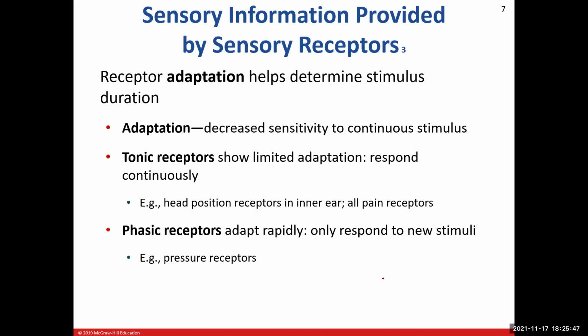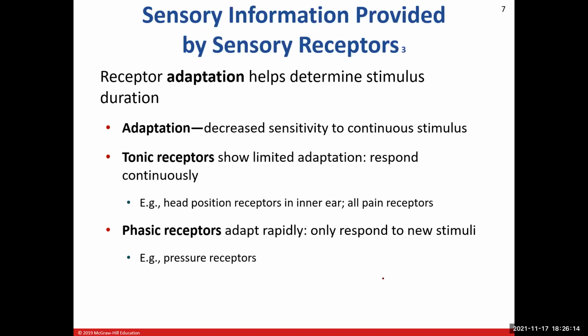So we're going to see that over time, the receptors, depending on what type of receptor, if it's a tonic receptor or a phasic receptor, how it adapts. And the textbook definition of adaptation is decreased sensitivity to continuous stimuli. So I like to use the example of a sock. You put a sock on, and they're brand new and they're tight, and so you notice that.